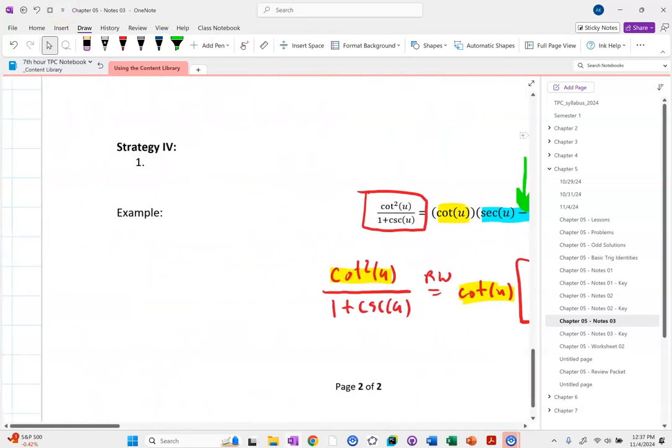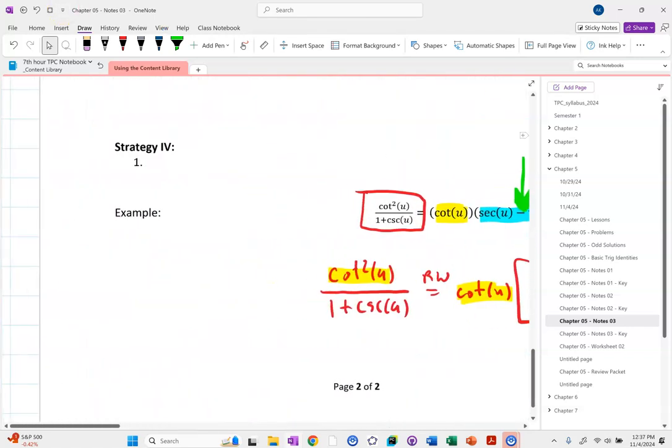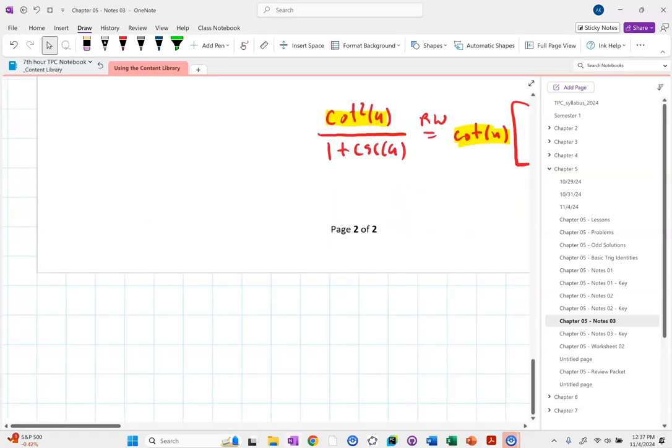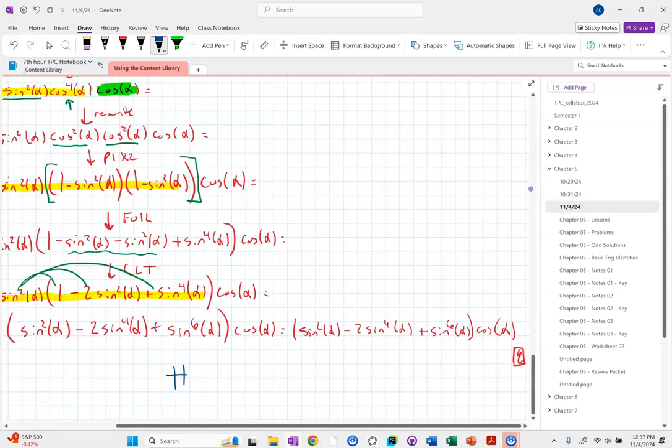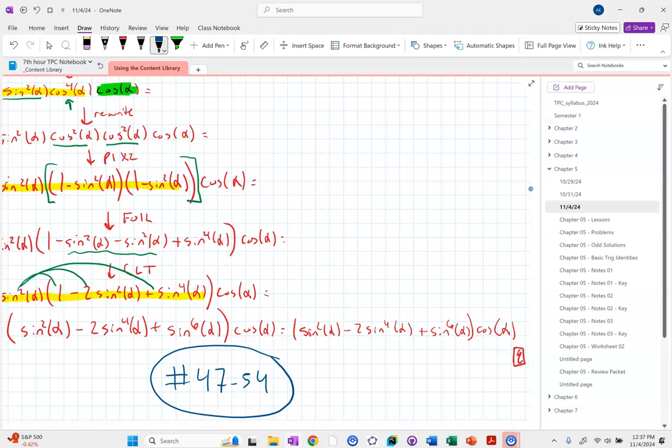All right. For homework, you guys should be working on numbers 47 through 54. I think that's 8 problems. We'll do some more of these next time. Again, it's probably not instantaneously easy yet.